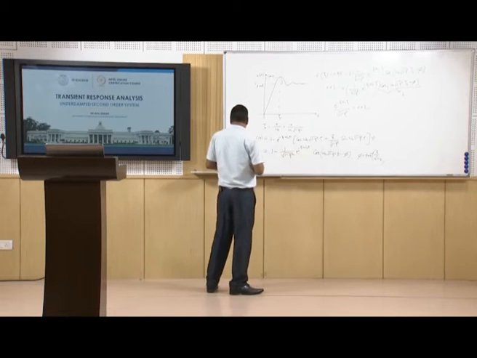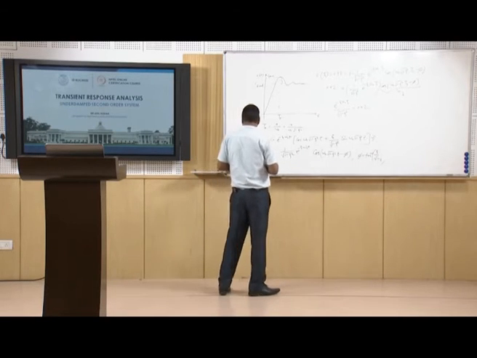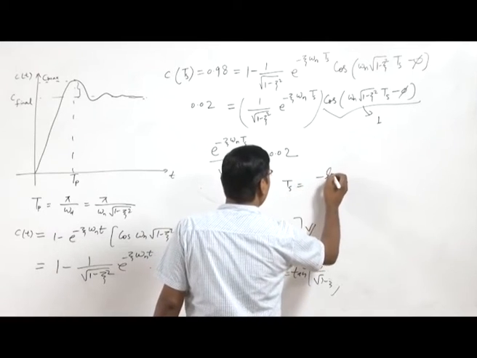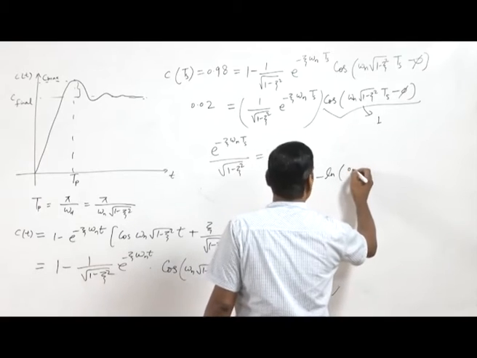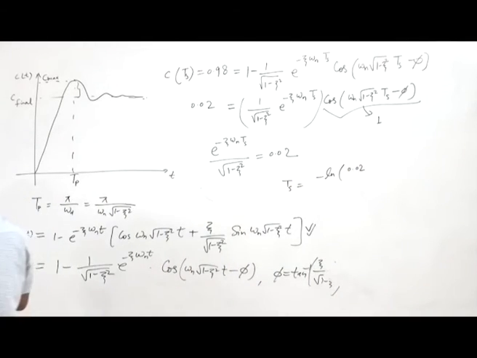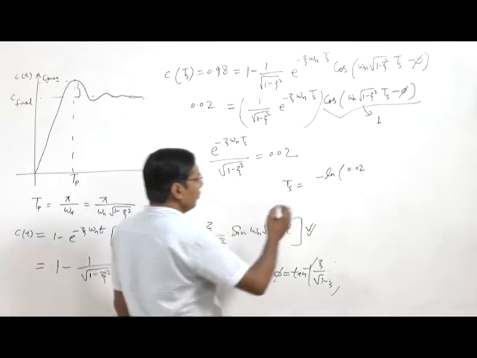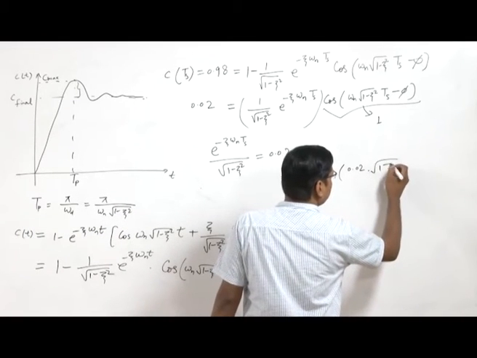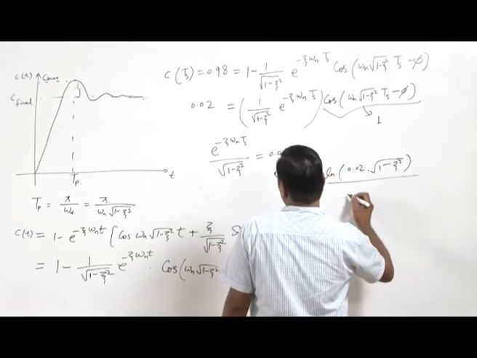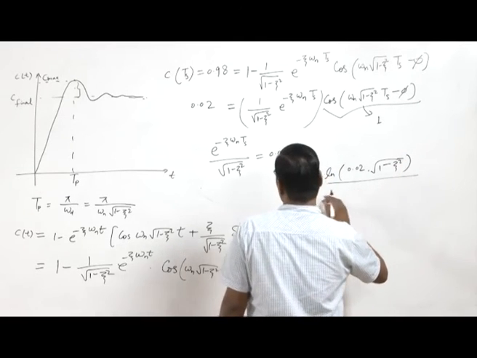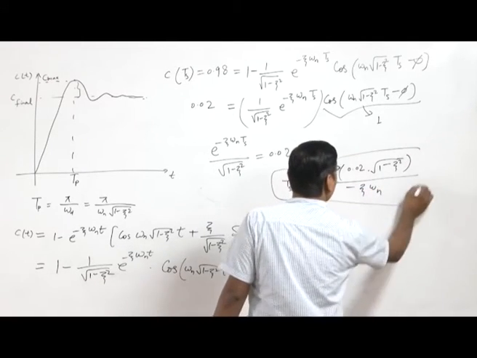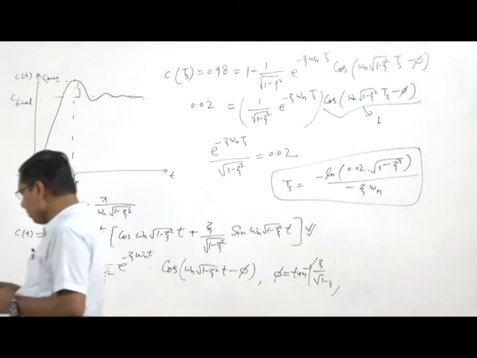And from here we can find Ts, that is equal to minus ln 0.02 into root 1 minus zeta square upon minus zeta omega n. So this is the settling time.